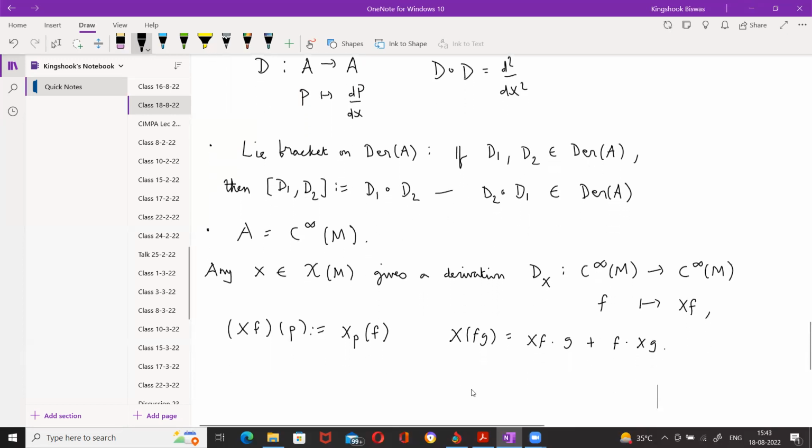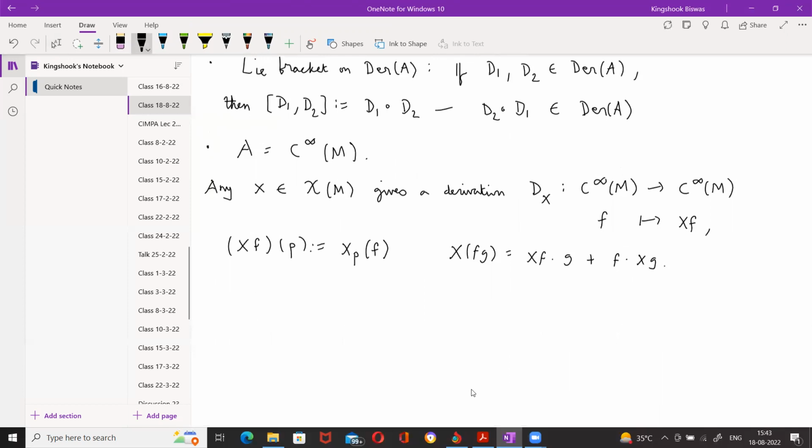And the point is that this gives a map from the space of vector fields chi(M) to the space of derivations of C infinity(M), X goes to the derivation D sub X. What's not too hard to show is that this map is an isomorphism, an isomorphism of vector spaces.